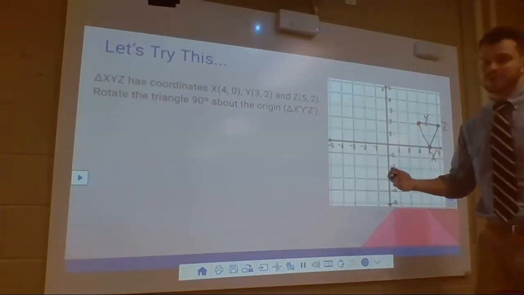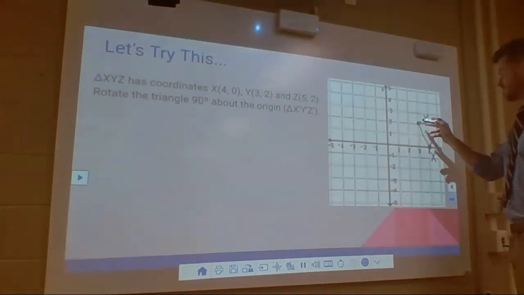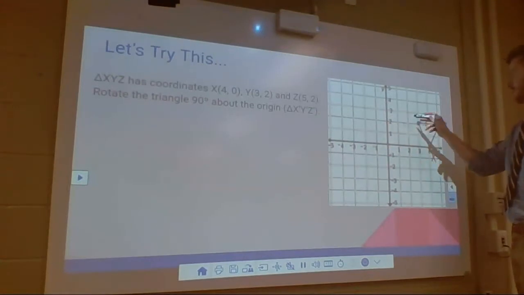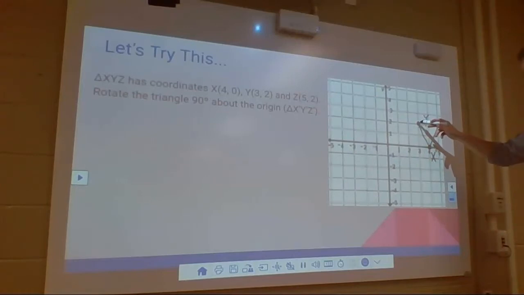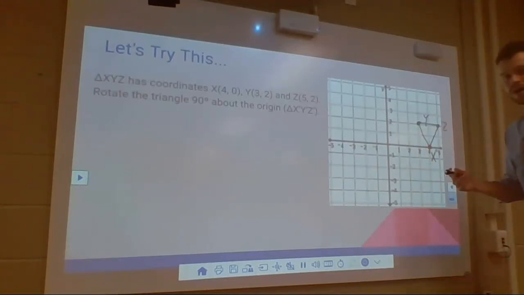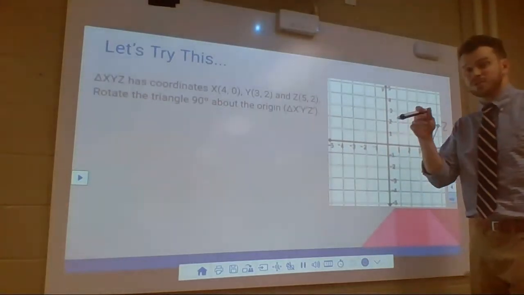Now, pay close attention here. So I'm going to just start with point Y. Now, it is 1, 2 units away from the x-axis. Point Y is also 1, 2, 3 units away from the y-axis. So when I plot point Y prime, I'm going to switch that up.